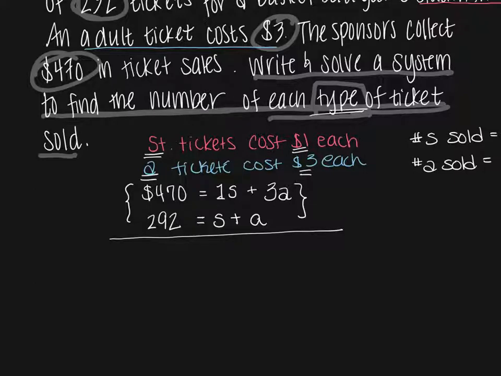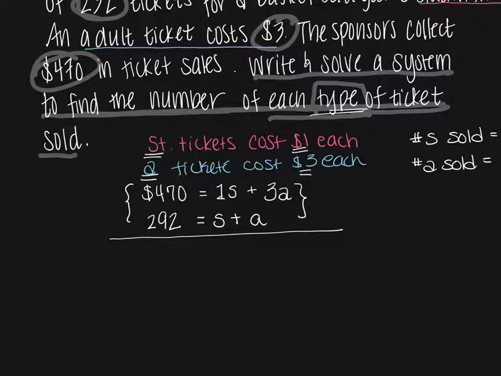And at that point, 2a equals 178. I can solve for a by dividing by 2. And my a equals 89.